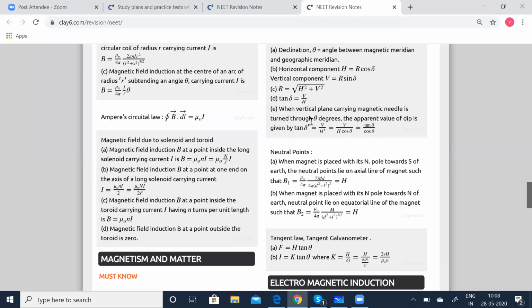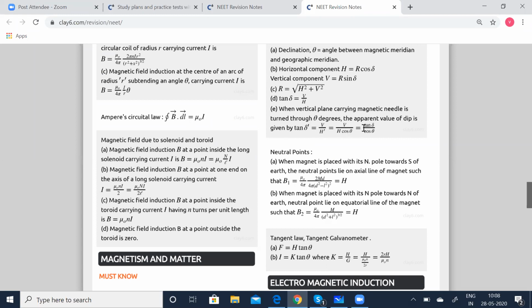So when we turn the magnetic needle through an angle theta, the apparent value of dip is given by tan delta dash equals V by H dash, because H is now going to differ. The new H is represented by H dash. So tan delta dash equals V by H dash, which is equal to V by H cos theta, where H dash is equal to H cos theta.